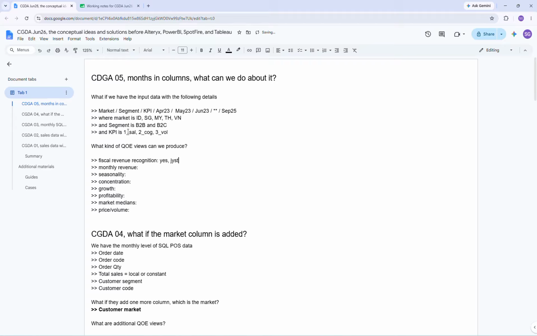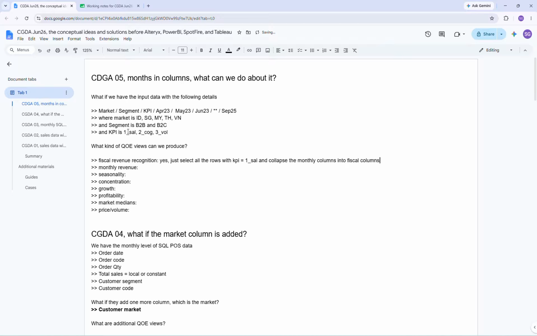Just select the order row with sale KPI equal to one sale, and collapse the monthly columns together into fiscal columns.